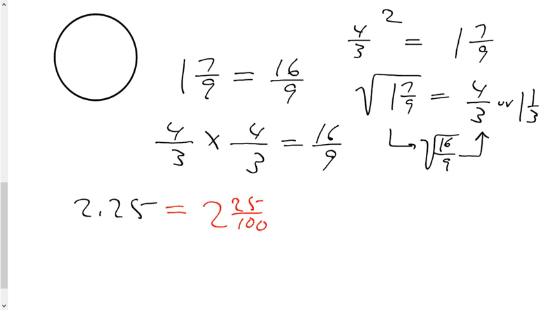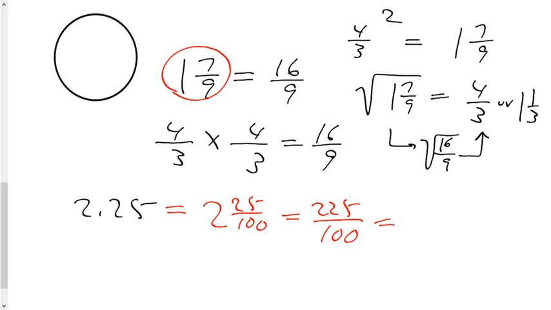But like we said up here, I don't want to keep mixed fractions if I'm going to determine whether it's a perfect square. I want to change that to an improper fraction. What's that as an improper fraction? 225 over 100. Now I will definitely understand if you're like, I don't know if 225 is a perfect square because I don't know that far up. But 225 is a perfect square.